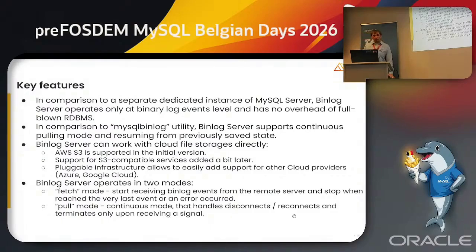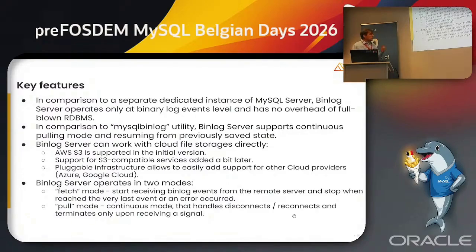In comparison to the MySQL binlog utility, we support continuous polling mode, and most importantly, we are able to reconnect and resume from previous state. One more important thing, we natively from the very beginning support working with cloud storages like S3.